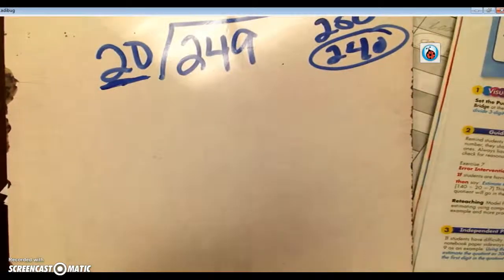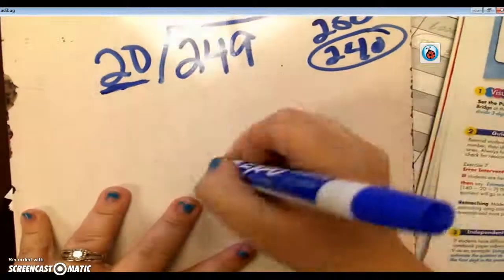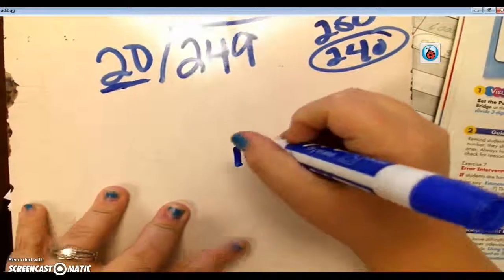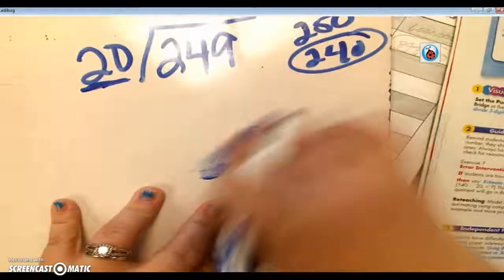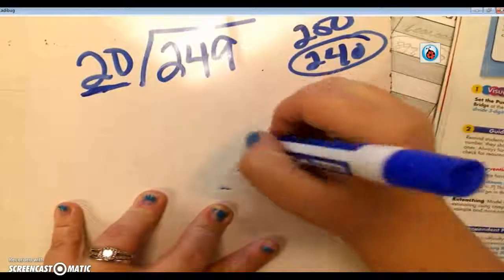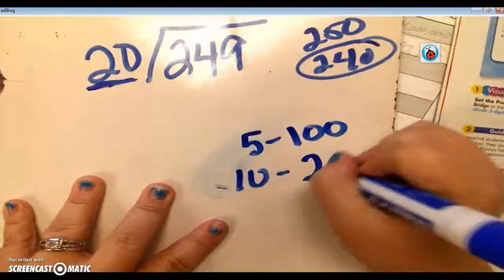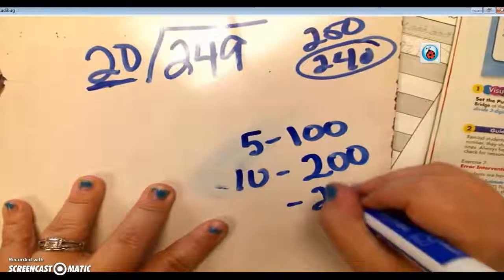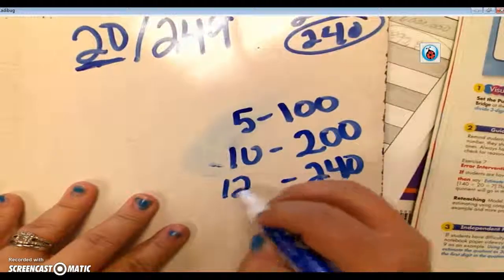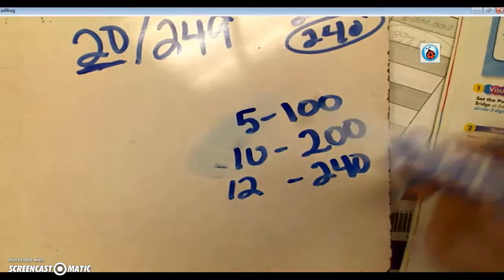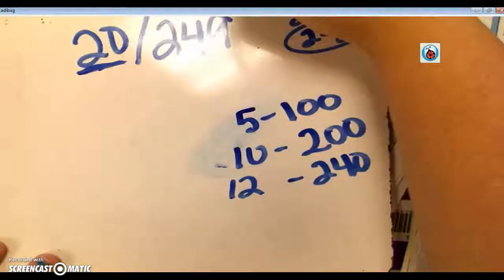So how many more 20s can I get in there? 2. There's 5 20s in 100. 10 20s would get me to 200. I need to get to 240, so I have 12 20s, right? I could estimate this answer to be about 12.